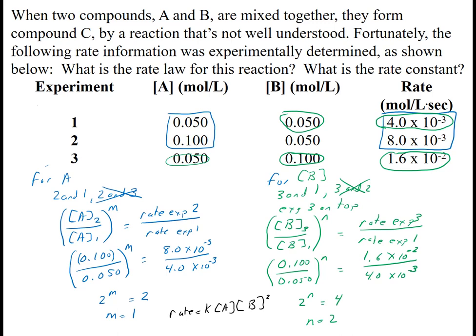The second part is that I need to determine the rate constant, which we haven't done yet in class. So for the extra credit, this is all I ask you to do. To determine the rate constant, I'm going to go back and erase this side over here so I have some room to work.